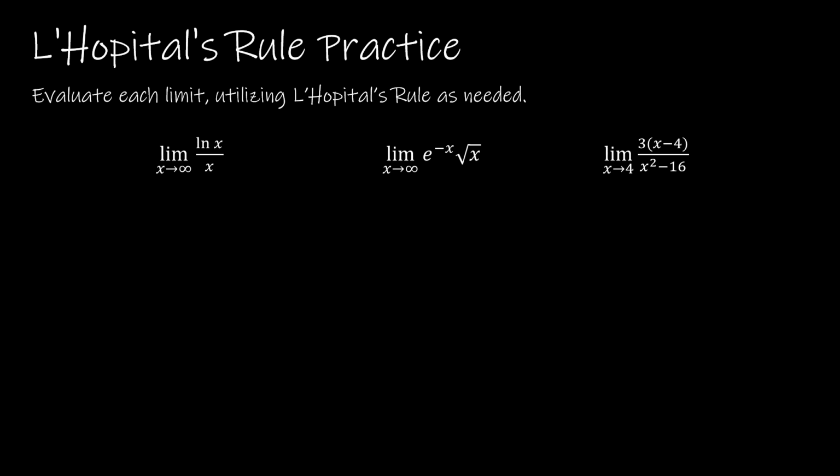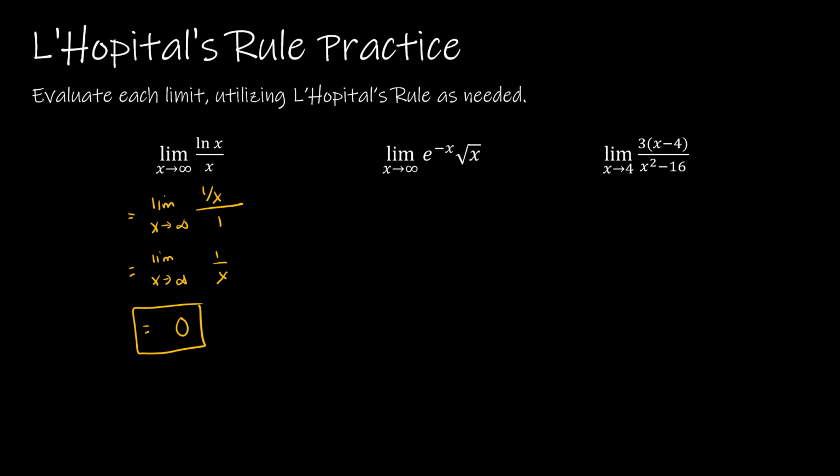So let's take the limit as x approaches infinity of the derivative of the natural log of x and the derivative of x. So that's the limit as x approaches infinity of 1 divided by x divided by 1, so 1 divided by x. And what do I get when I take the limit as x approaches infinity of 1 over x? I get 0. So the limit is 0.